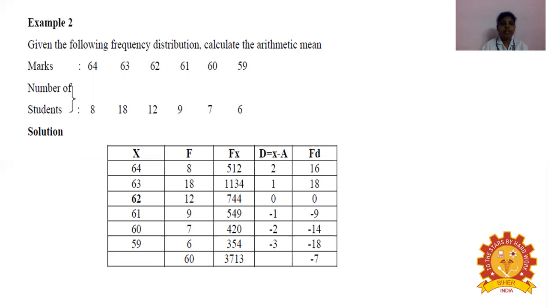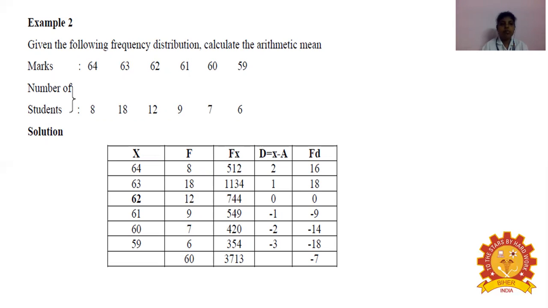In the first column you write X for marks. The next column denotes the frequency F, that is the number of students. The next one is fx, f into x. The fourth one is d equal to x minus a, that is the deviation. The last column is f into d.